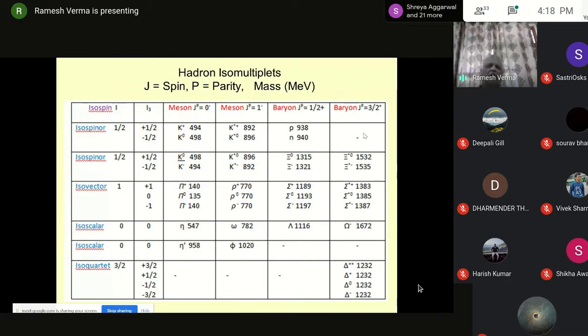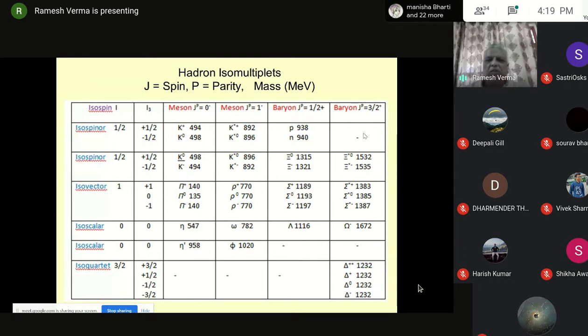If you like, you can call them low-lying mesons and baryons. Of course, other particles are also there. They also form a similar kind of structure. So whatever we are seeing here is essentially duplicated when we go to high spin hadrons.